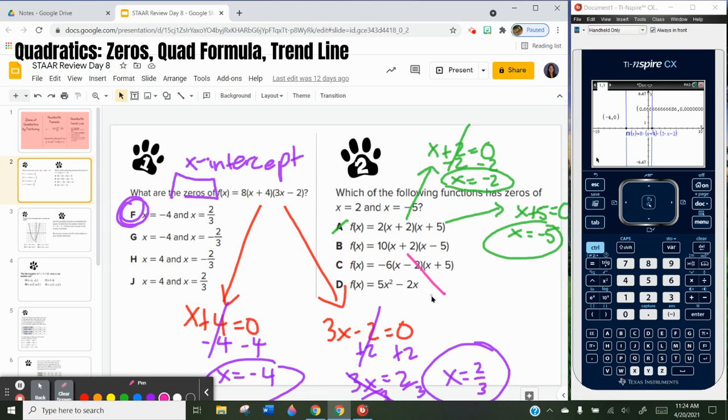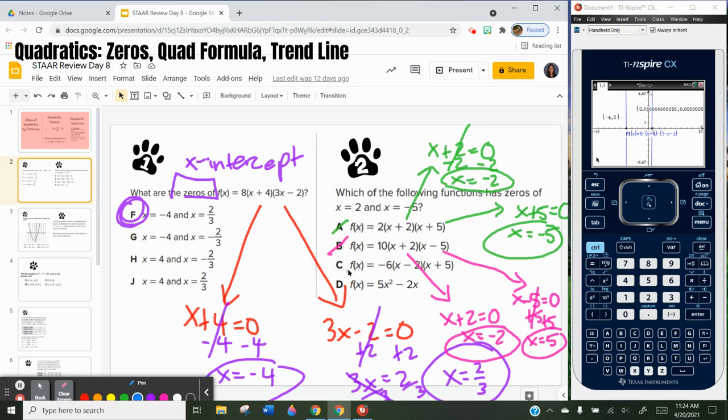So let's look at B. If I set x plus 2 equal to 0, I would end up with x is -2. Then I look at the second factor, which is x minus 5. The opposite of -5 is to add 5, so x is equal to 5. So our two solutions would be 5 and -2, which also makes this incorrect.